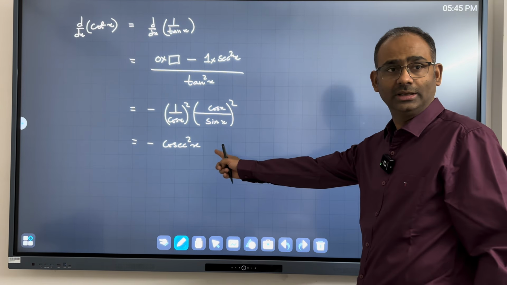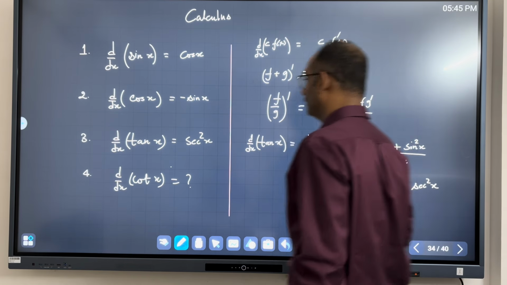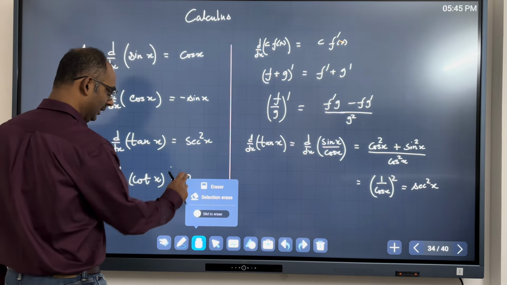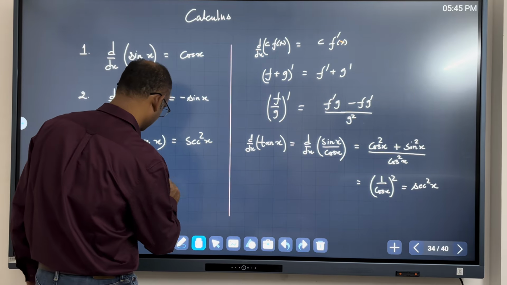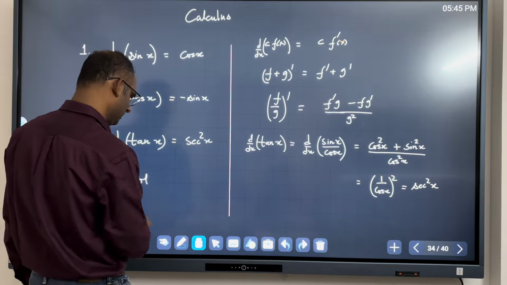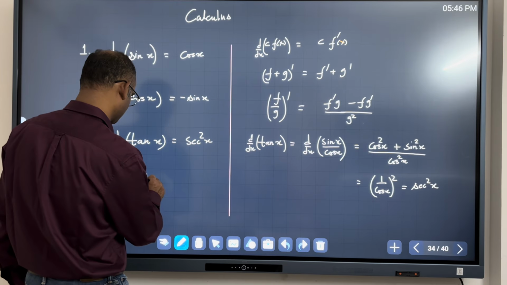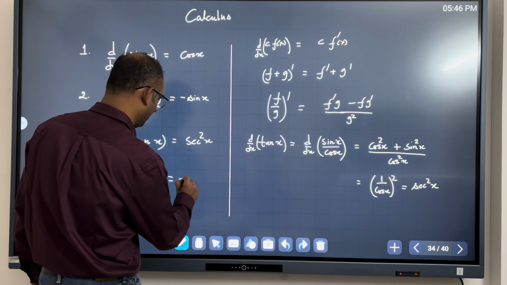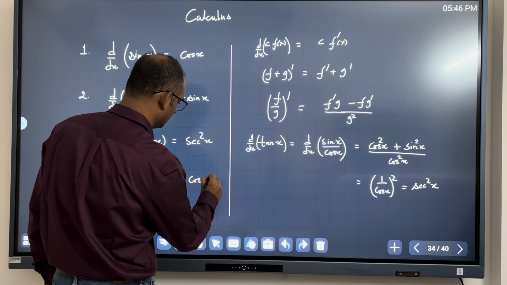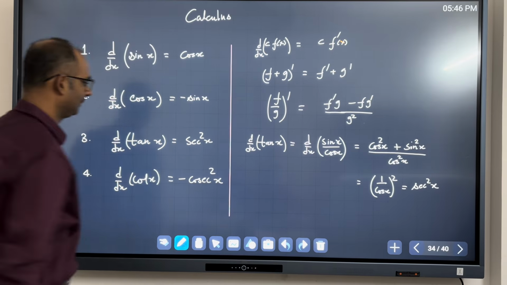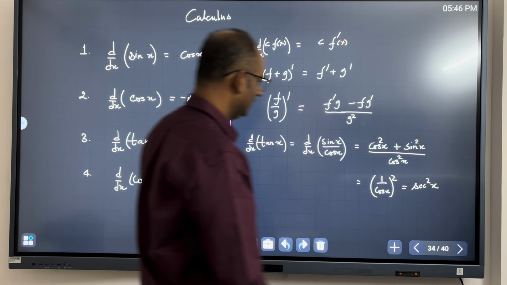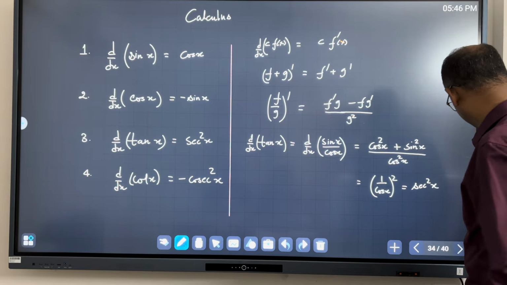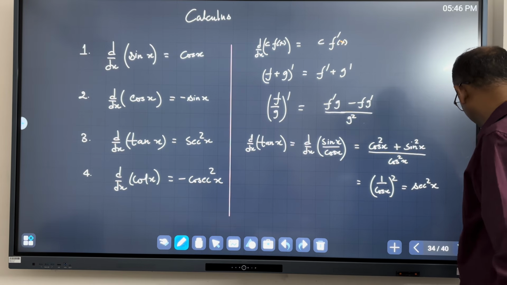So you also got that? So the derivative of cot x is minus cosecant square x. Okay, so that's about some of the simple trigonometric functions.